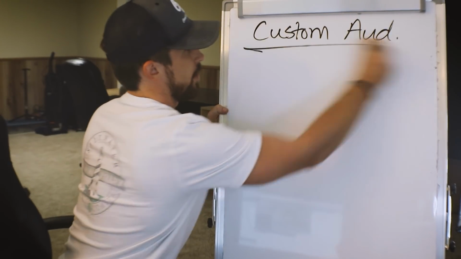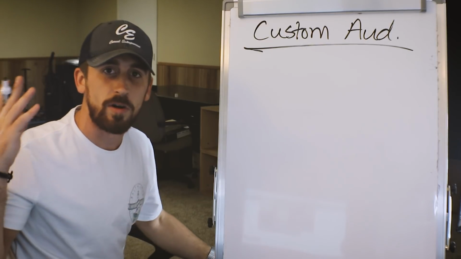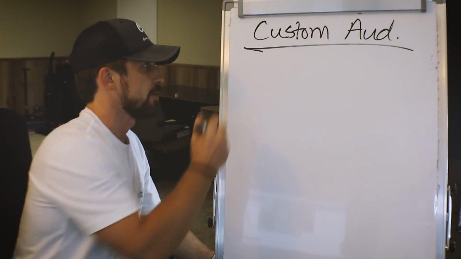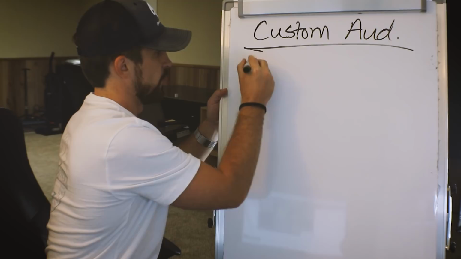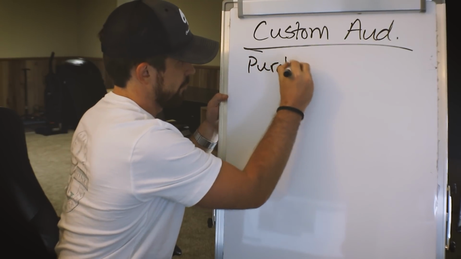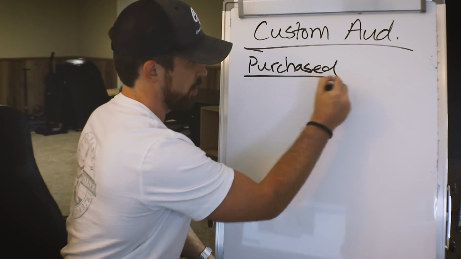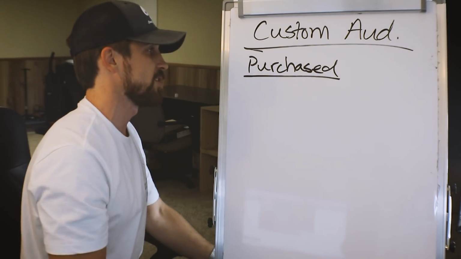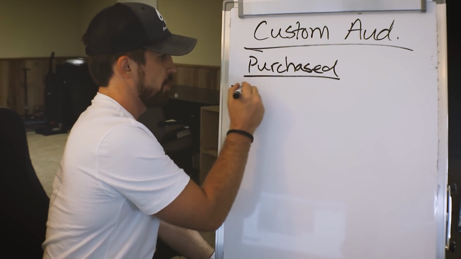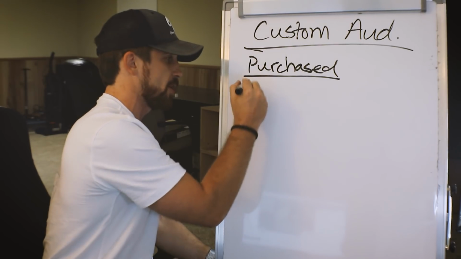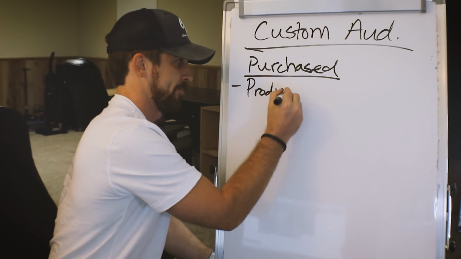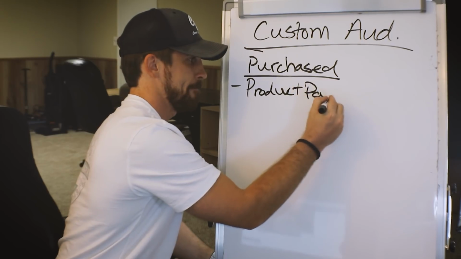All right, and you want to do custom audiences for basically everything. You're going to do people who have purchased, right? The reason why is because we're going to take that custom audience of people who have purchased and create a lookalike audience off of it. You want to do one for people who have visited any of your product pages. All right.